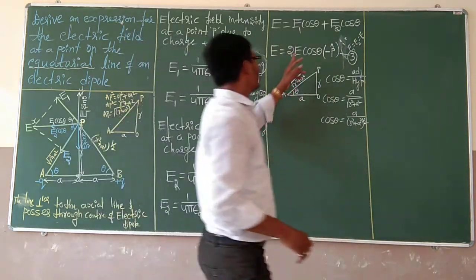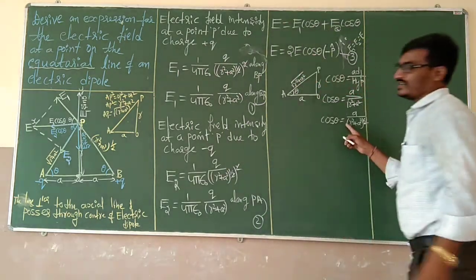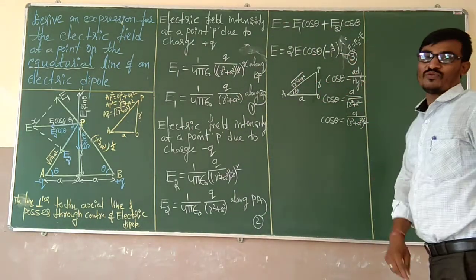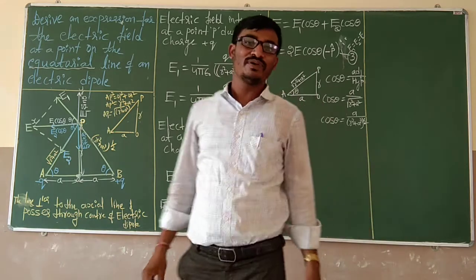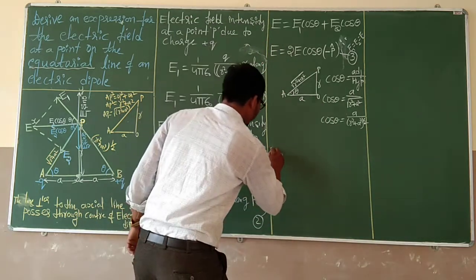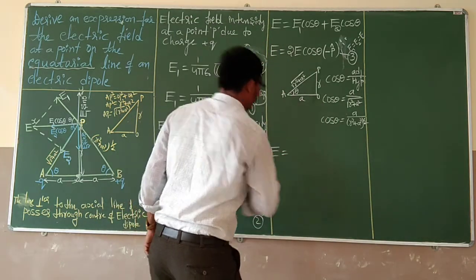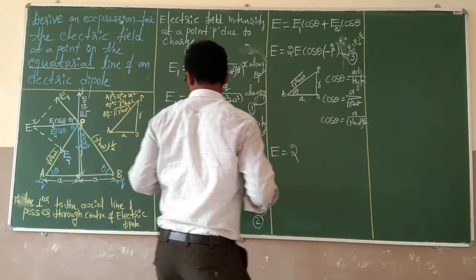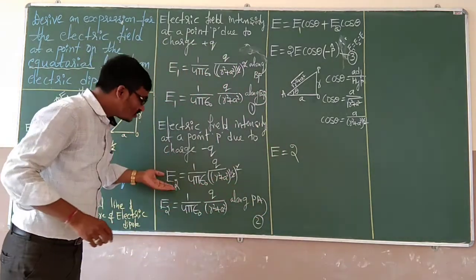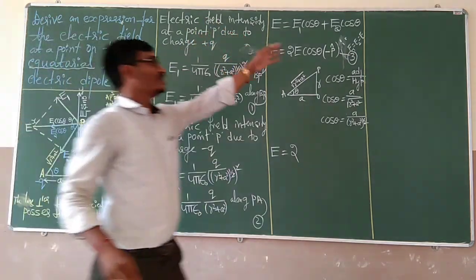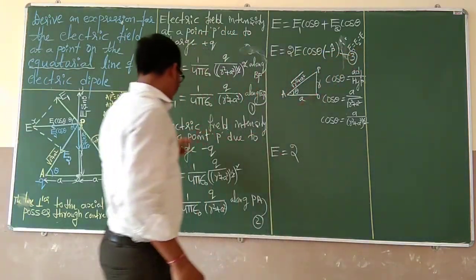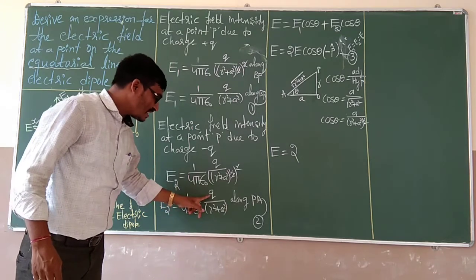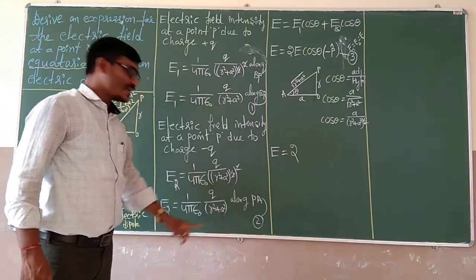We know the value of E as well as the cos theta value. Just substitute in equation number 3. Keep this one as it is. E1 is equal to E2, and the E value we know is 1 by 4 pi epsilon naught, Q divided by R square plus A square.